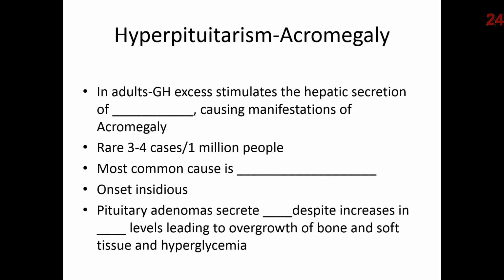So there's a problem with the negative feedback. The pituitary adenoma continues to secrete growth hormone, even though we have appropriate or elevated levels of our IGF-1, which is supposed to tell the liver to tell the pituitary to stop. But this is an adenoma secreting the hormone, not necessarily the pituitary gland.